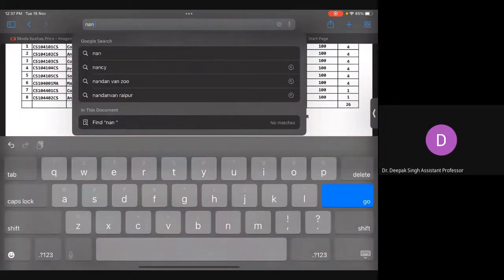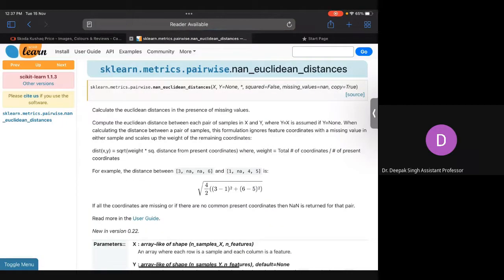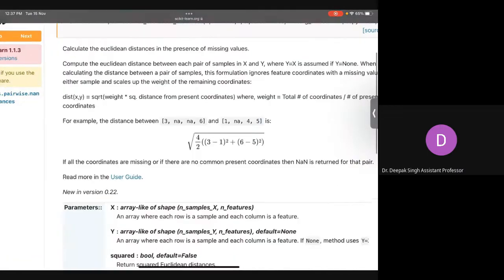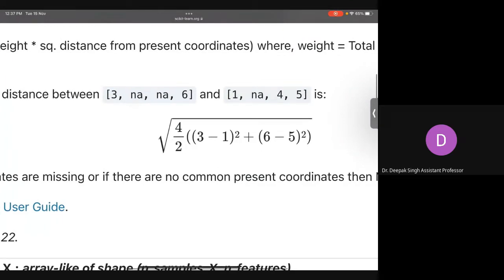NaN Euclidean. Just see how it is computing. To compute the distance, okay, I think it won't work. We have two coordinate points, 3, not a number, 6 and 1, not a number, 4, 5.